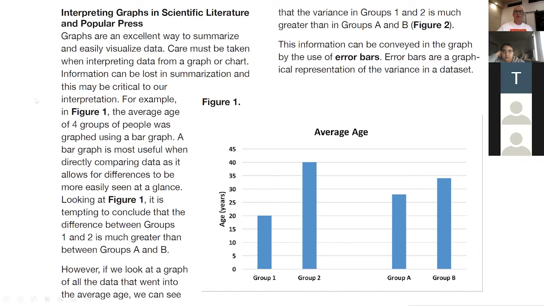There's group 1, group 2, group A, and group B. Now, basically what they want to find out is, is there a statistically significant difference between group 1 and group 2 and group A and group B? Now, looking at them, which of those 2 would you say are different? Group 1 and group 2 or group A and group B?